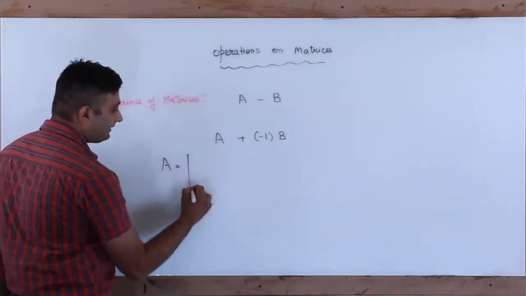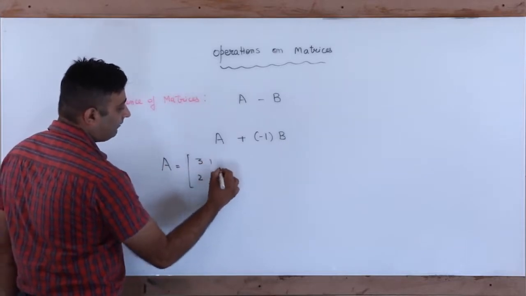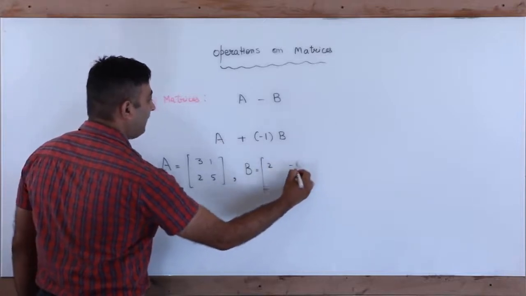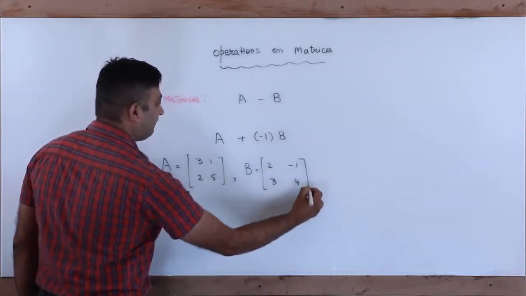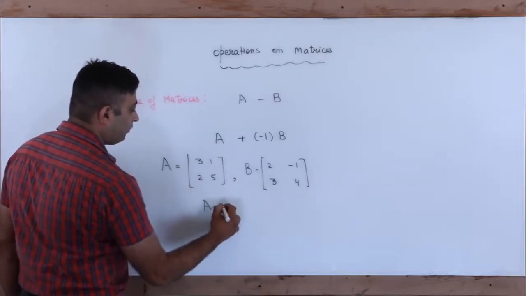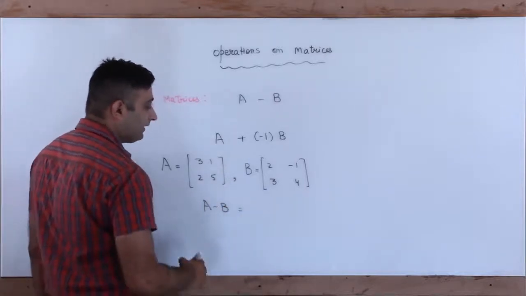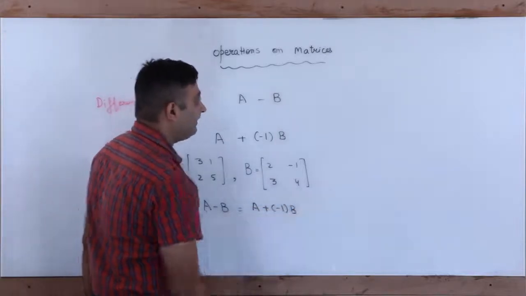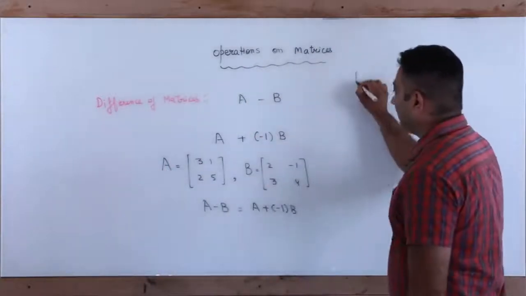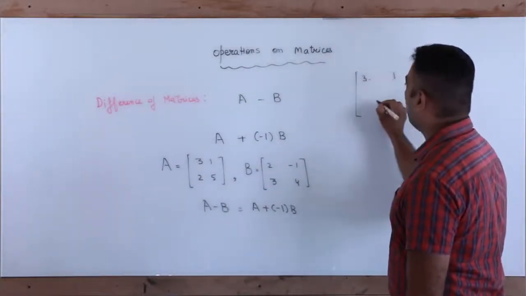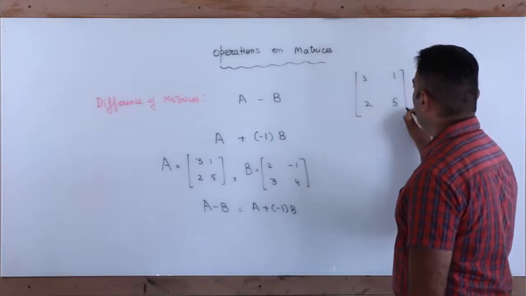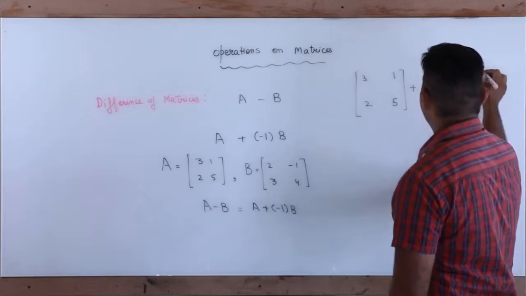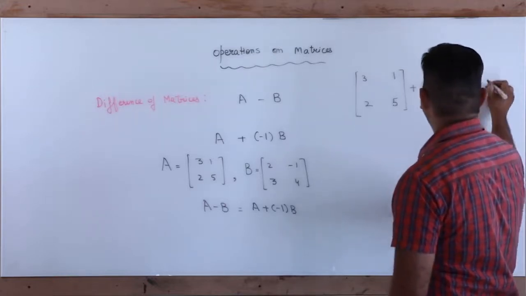If A is a matrix 3, 1, 2 and 5 and B is a matrix 2, minus 1, 3 and 4, we can easily find the difference of these matrices, A minus B. It will be equal to A plus minus 1 into B. That is, the matrix A 3, 1, 2 and 5 plus minus 1 into the matrix 2, minus 1, 3 and 4.